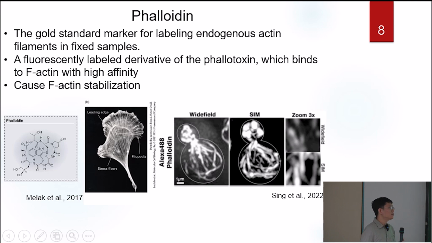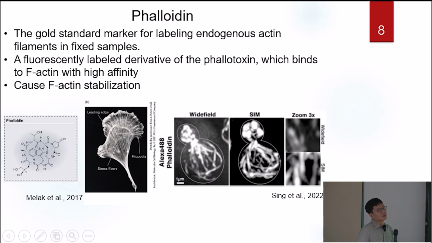So basically, if you want to see the actin in your cells, you need to fix first, and then use phalloidin. Then you can see very beautiful actin filaments in different cell types. It can be used in live imaging, but then you can clearly see the actin dynamics is affected.